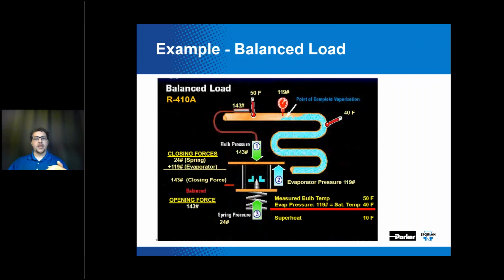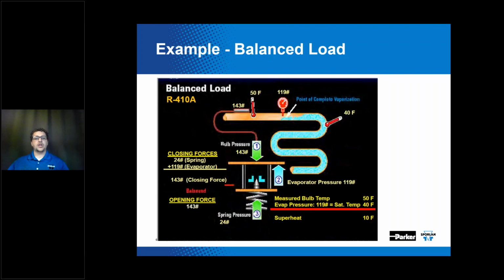Again, this is just an example, but in this example, we have a bulb temperature of 50 degrees, which means our superheat is 10 degrees Fahrenheit. And I've got a little equation in the bottom right-hand corner of the slide that shows you how I came up with that 10-degree superheat. If you take your 50-degree bulb temp and subtract your 40-degree saturation temp in the evaporator, that gives you that 10-degree superheat. As you recall, the bulb pressure is an opening force, and it's dependent on that temperature.